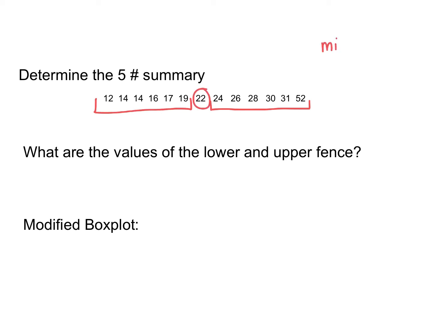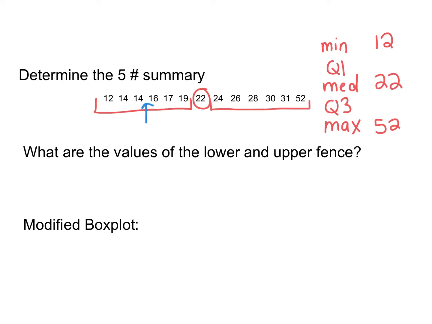So my 5-number summary has the min, the quartiles, the median, and of course my max. So my minimum value is 12, my maximum is 52, and we just decided that the median was 22. So quartile 1 is the average of those 2 middle numbers there.